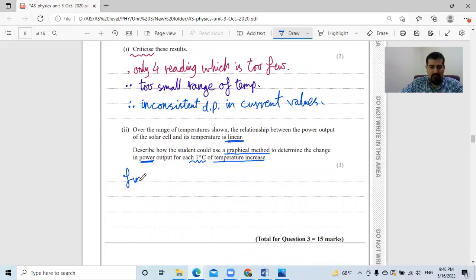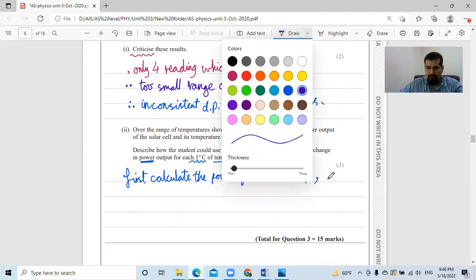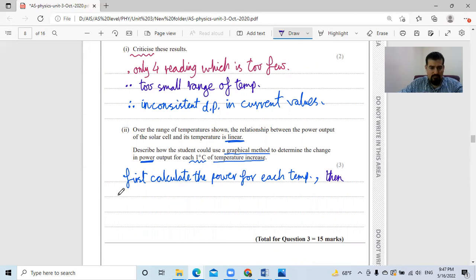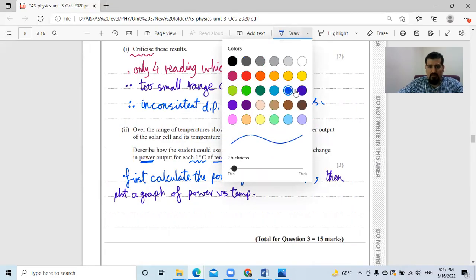First, calculate the power for each temperature. Then plot a graph of power versus temperature and draw the best fit line.